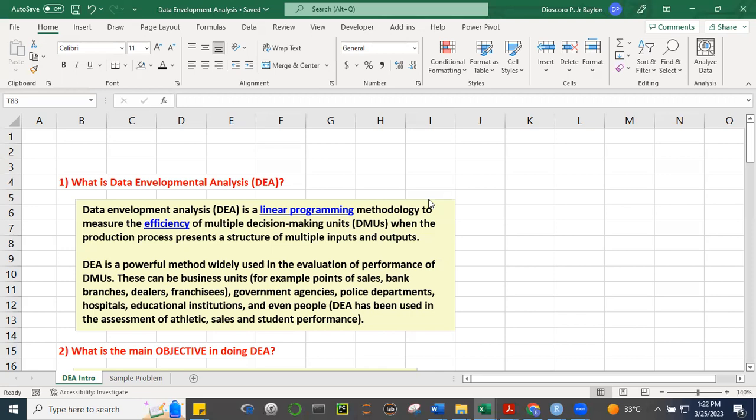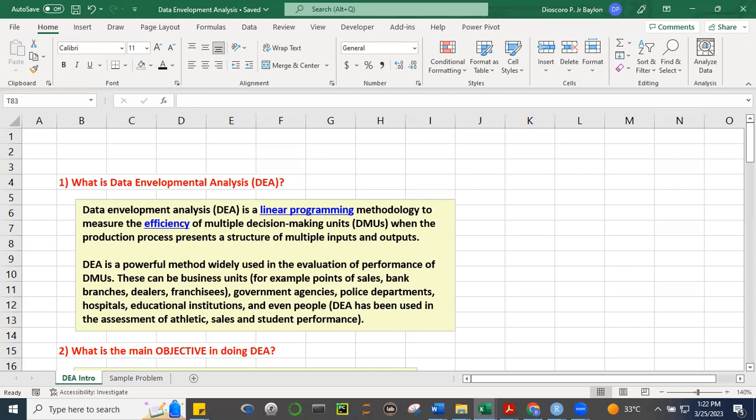The DMUs can be business units, as I mentioned a while ago, government agencies, educational institutions, and even people. DEA has been used in assessing athletic performance, sales performance, and student performance.